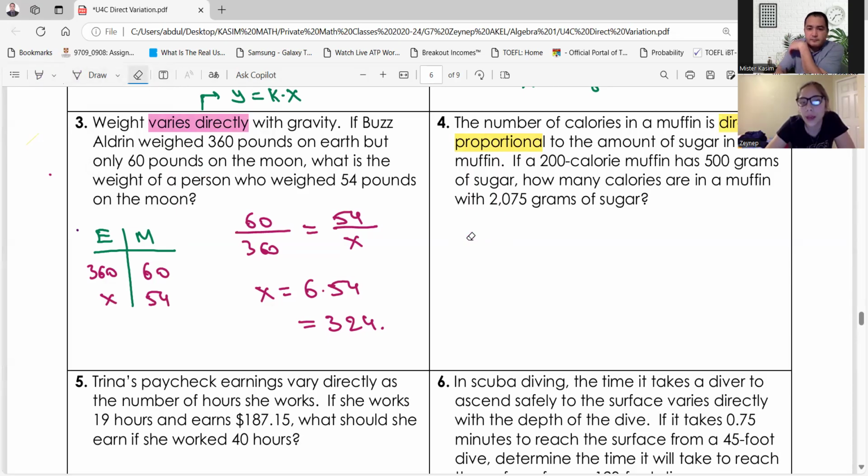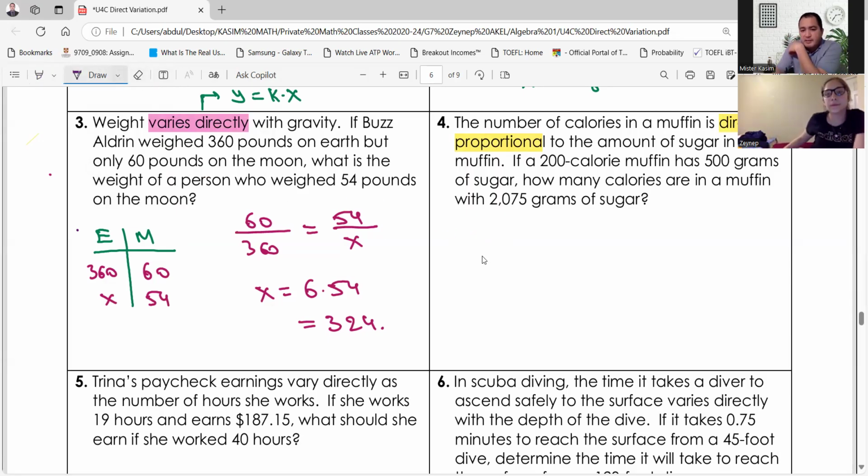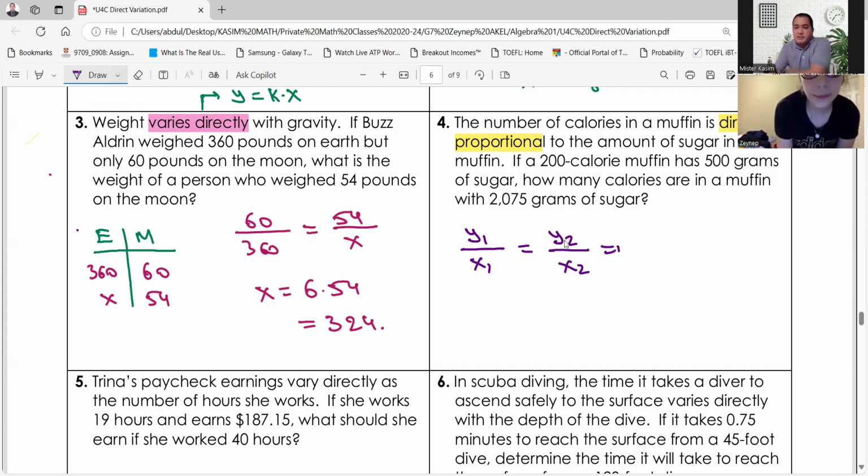You can also make a table here, okay? For example, y1 over x1 is equal to y2 over x2, right? What is y1? It is 200, because if sugar is 500, then that has 200 calories. So this 500 means the input value depending on the amount of sugar.